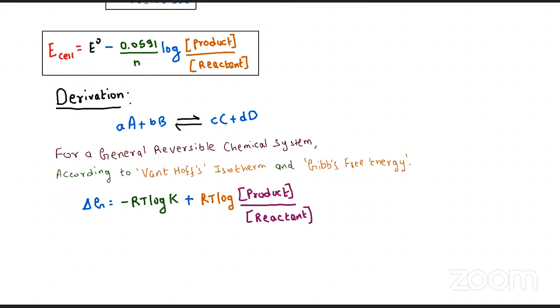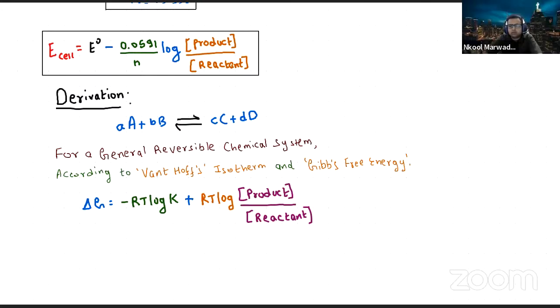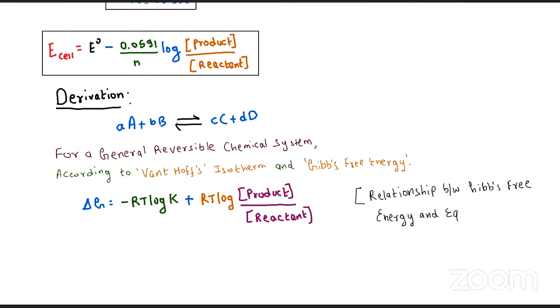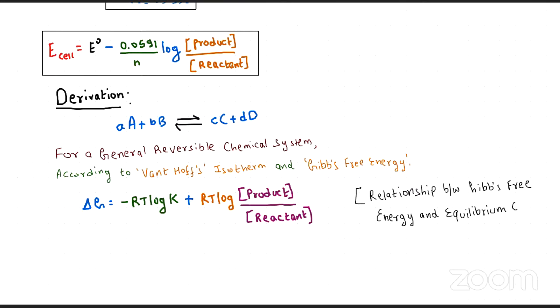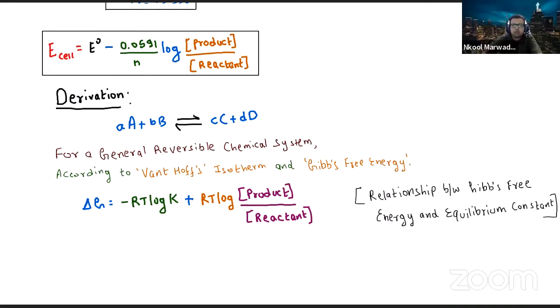So the equation I have written is basically the relationship between Gibbs free energy and the equilibrium constant, that is the capital K. So this is the idea.